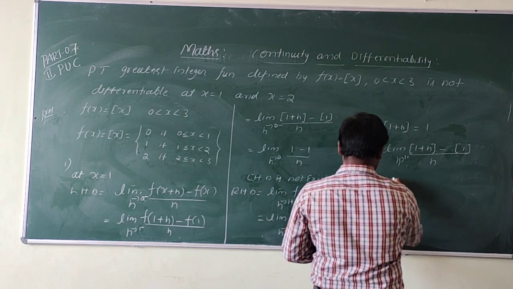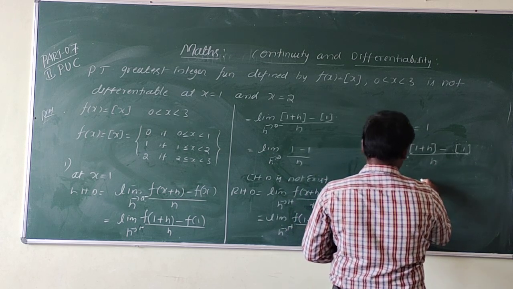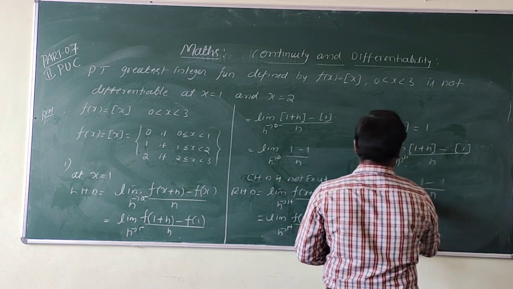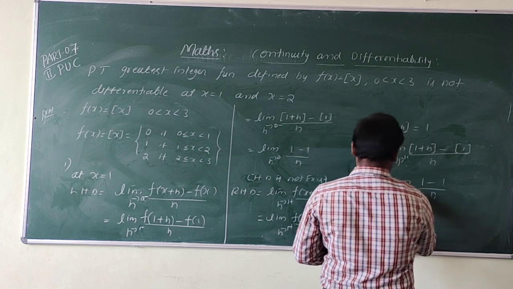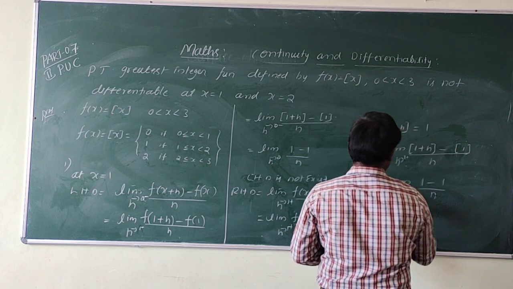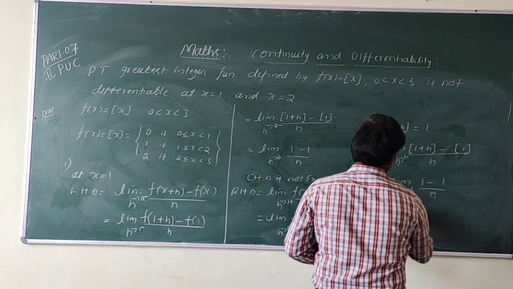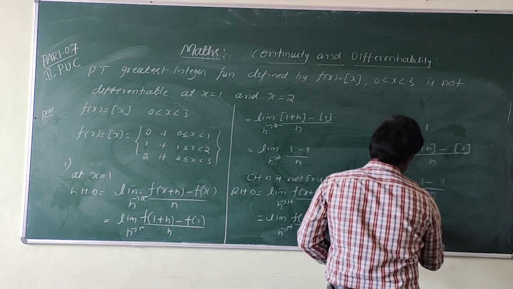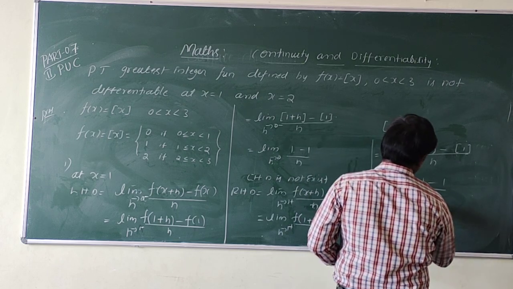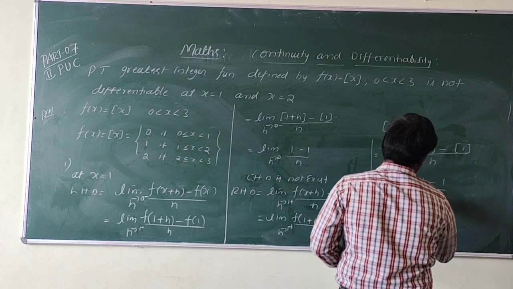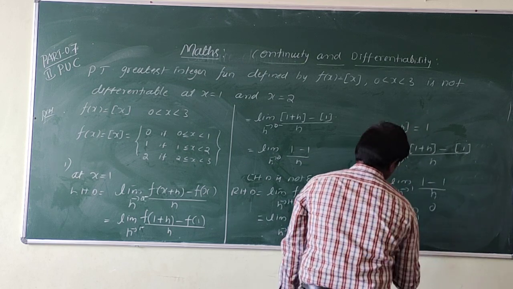So this is the limit of 1 minus 1 divided by h as h tends to 0 plus. So this is the limit of 0 divided by h, and 0 divided by h is equal to 0. So this is 0.